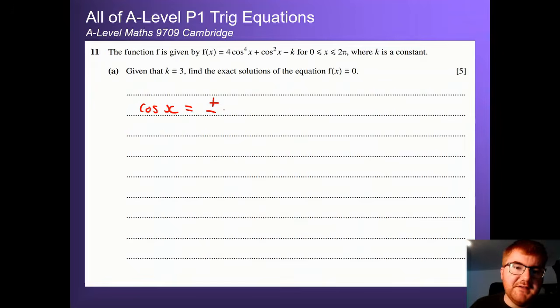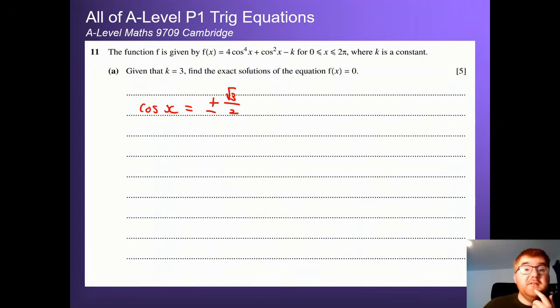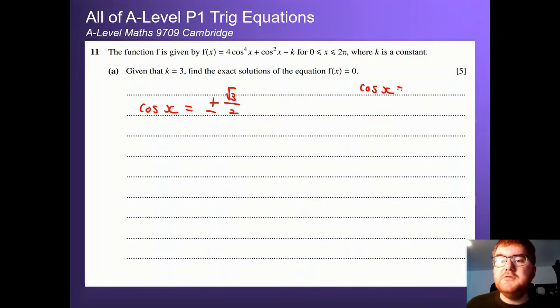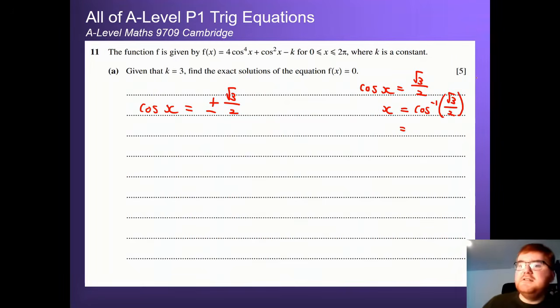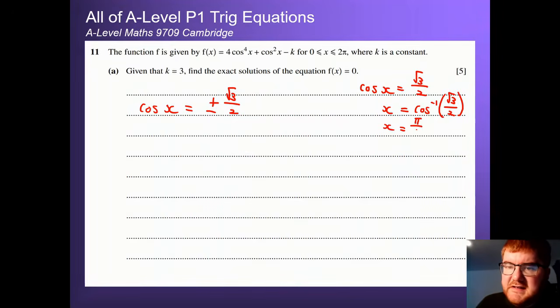So we have this. And one thing you should be familiar with is some of these exact values. So if I take cos x is equal to root 3 over 2, we should be able to recognize, particularly on the A-level courses, that if we do the inverse cosine of root 3 over 2, this is going to give us pi over 6 as one particular solution.